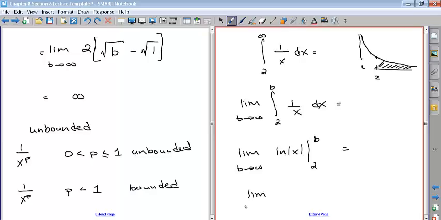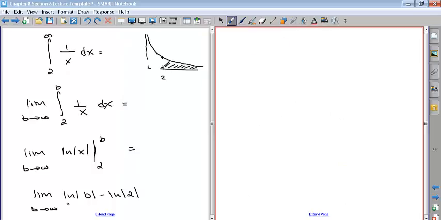So you get the limit as b goes to infinity of the natural log of the absolute value of b minus the natural log of 2. And then you let b go to infinity. So you'll have the natural log of infinity, which is infinity. So you get infinity minus the natural log of 2, which is still infinity.